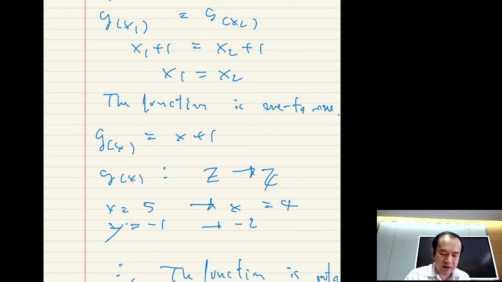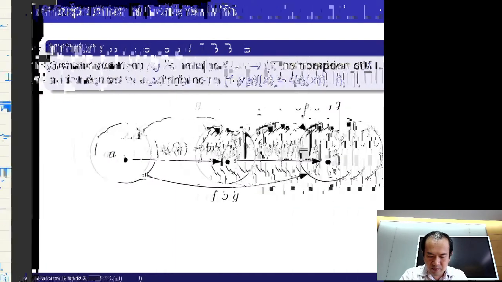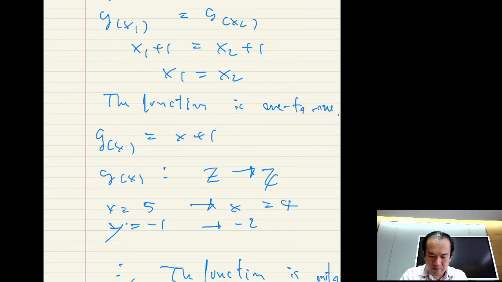So g of x has an inverse, which can be found like this. You substitute g of x equal to x plus 1, so it's y equal to x plus 1.